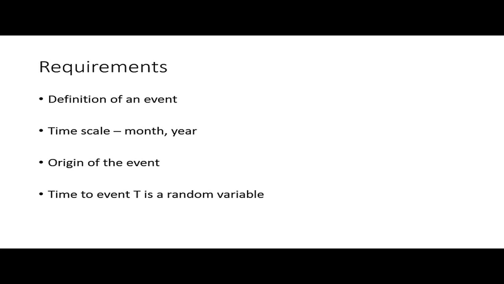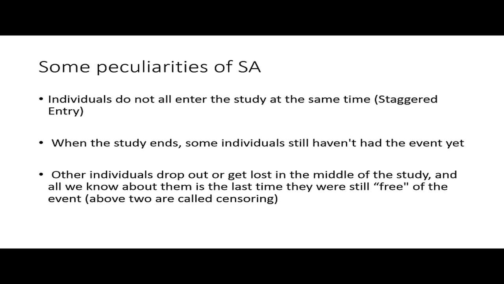Time to event is considered to be a random variable which can take any value from 0 to plus infinity. We are interested to know the time to event. For that, we need population data to do the modeling exercise.